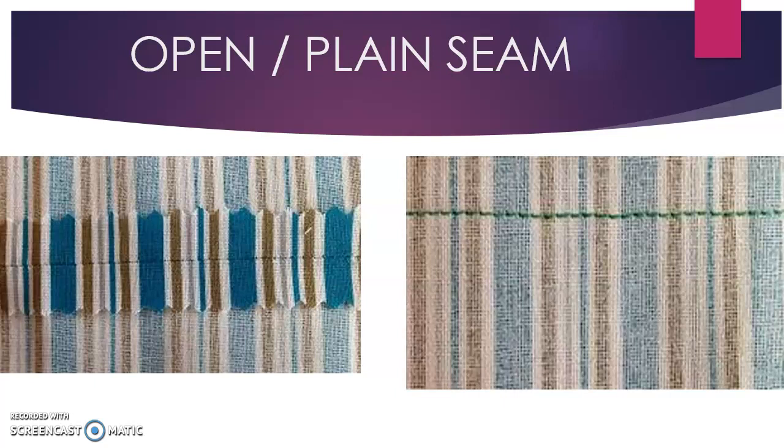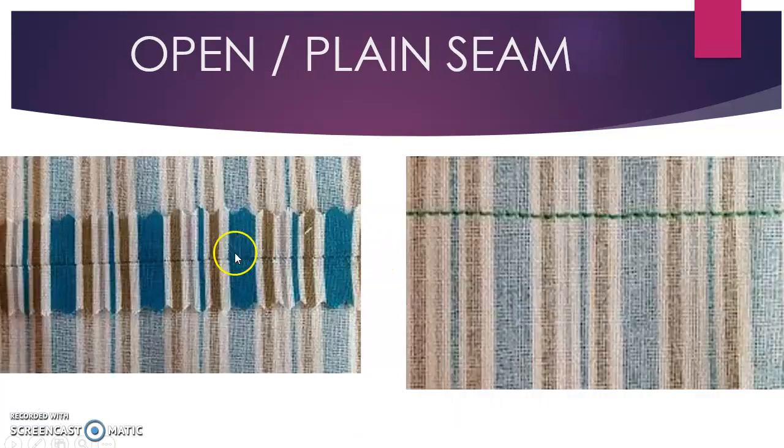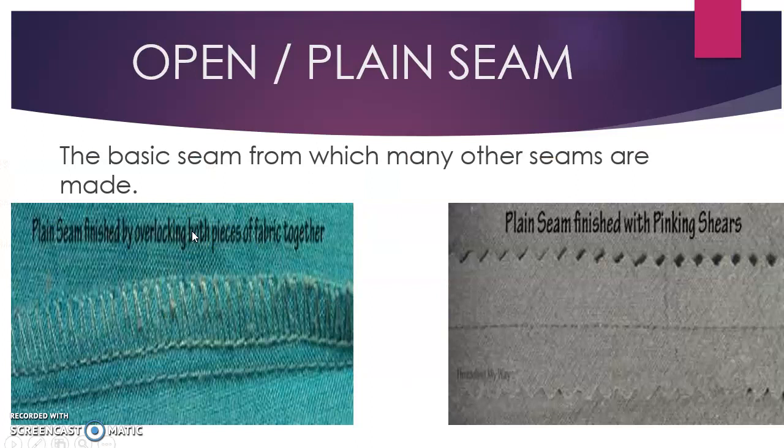As we see over here, the second picture has the seam stitched permanently. It has been stitched with machine stitches, straight machine stitches or back stitches, and it has been neatened over here by pinking. You can also finish the edge by using interlocking stitches or zigzag stitches at the wrong side.